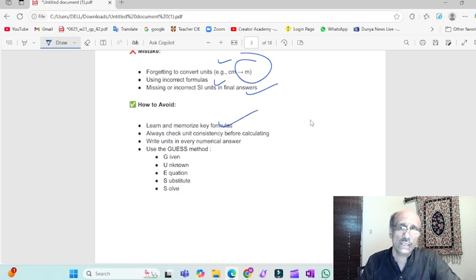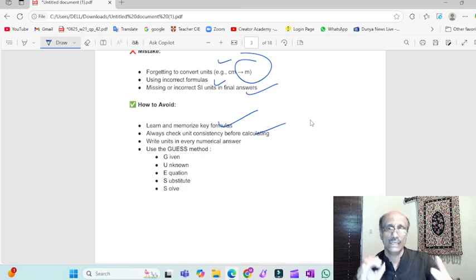Then how can we avoid them? Learn and memorize the key formulas. You have to remember all those formulas, and then you will write them down one by one. After that, always check unit consistency before calculating. You have to see whether the units are the same for the calculation or different. If one unit is given in kg and the other in centimeters, then you have to convert that unit.